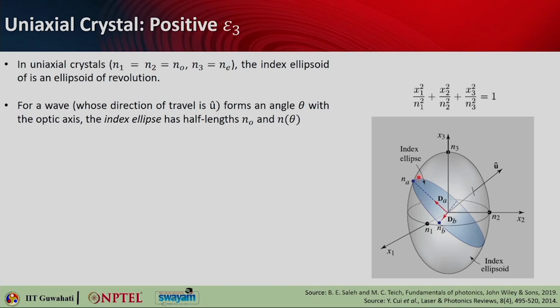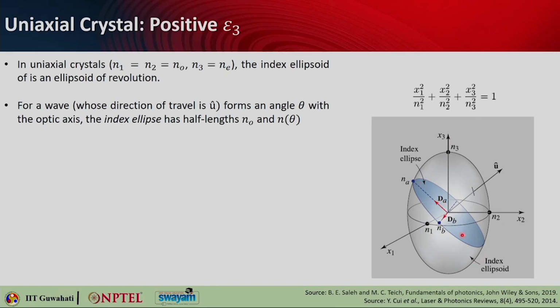Now, what is this new concept called index ellipse? When you have the direction in which the wave is propagating, you can draw a plane through the origin of the index ellipsoid that is normal to u cap, and the intersection of this plane with the ellipsoid will give you this index ellipse.